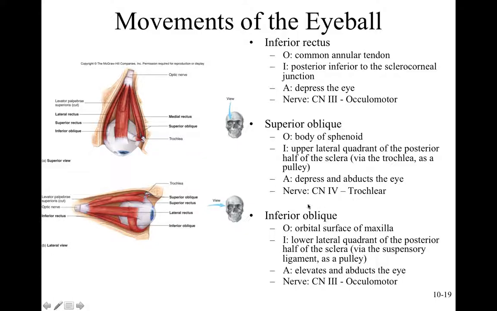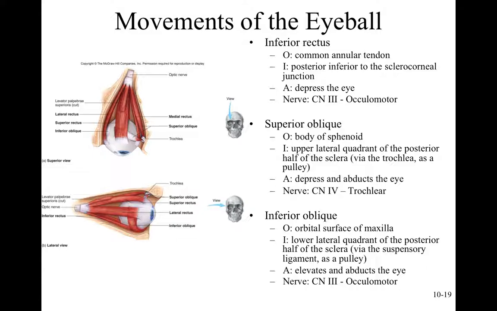I'm going to jump ahead here and do inferior oblique so that we finish the oculomotor nerve. The inferior oblique starts on the orbital surface of the maxilla, so towards the medial surface of the eye, starting on the opposite side here of this one. It then goes to the inferior aspect of the eye and wraps around to the lateral aspect of the posterior sclera.